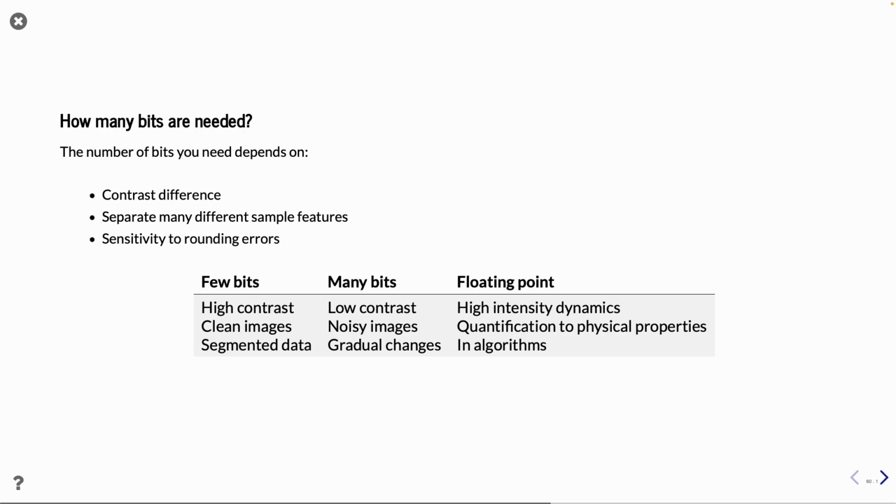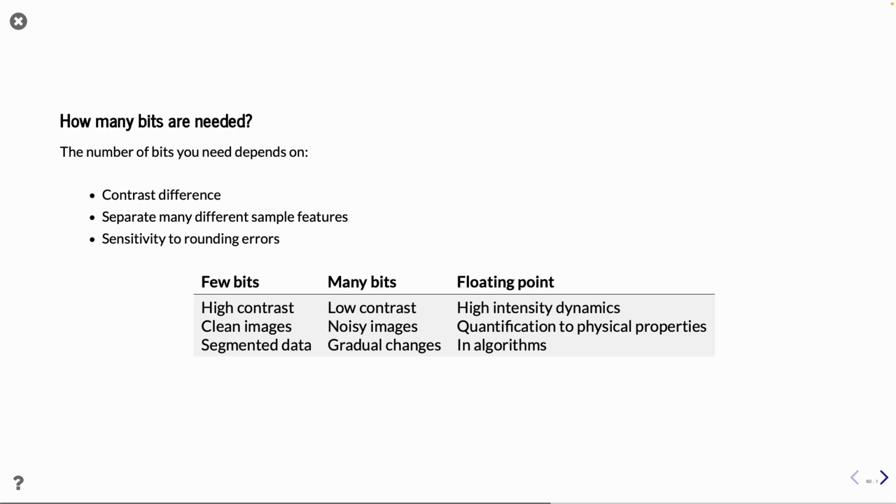Maybe you can only use a fraction to get the level of detail you need. It's also when you have noisy images, it helps to have many bits. And if you want to study gradual changes, so it's not really material and not material, but there is some kind of smooth transition between the levels, then it's also good to have many bits.